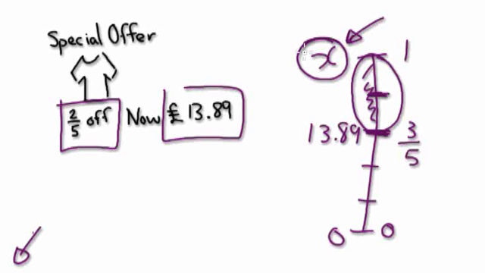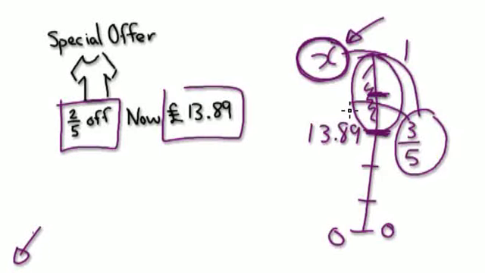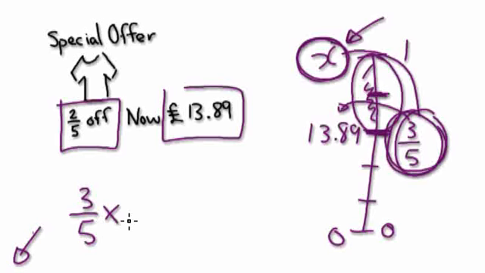So here, normally you would get this times this, and then it would get to this here. So it's just a matter of doing this. Well, x times this number here, even though it's a fraction, who cares? It's just a number. So it's going to be 3/5 times x equals 13.89.